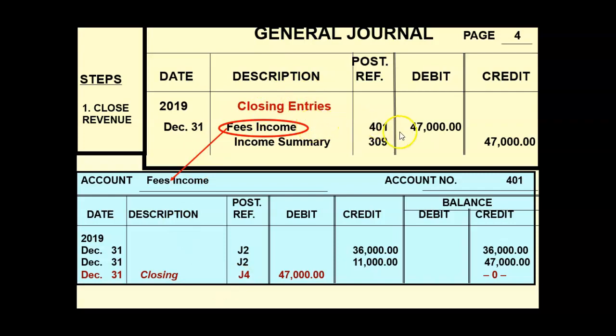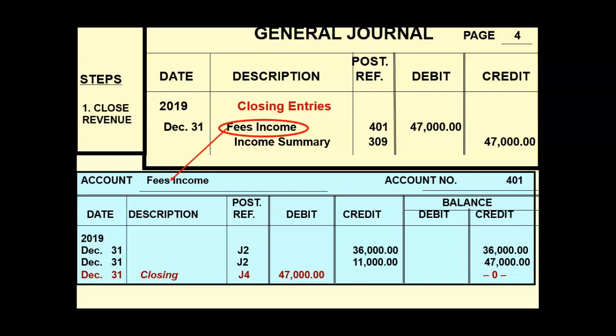Whatever took place in the journal is recorded on the same side of the ledger account. So for fees income in the journal, we debited for $47,000. We record $47,000 on the debit side of the fees income ledger account. After you post each transaction, determine the account's new ending balance. Fees income will now have a zero balance after we post this transaction, and that's what you want.